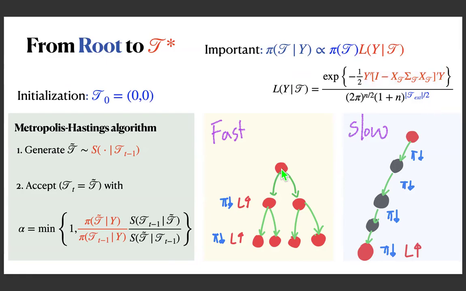So when the signals are connected, when the chain adds one extra node here, although there is a size penalty, there is still a likelihood increase that can cover that loss from the penalty. Because of that, it can have a high acceptance rate. So the chain will not have difficulty growing until it reaches the full true tree.